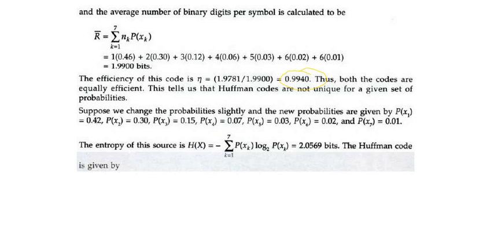We have seen two types of Huffman coding. When two symbols have the same probability, the assignment of binary 0 and 1 is up to the user, but there will be a slight change in the efficiency value. So that is what we observed here. The average code word length R bar is different for both kinds of Huffman coding.